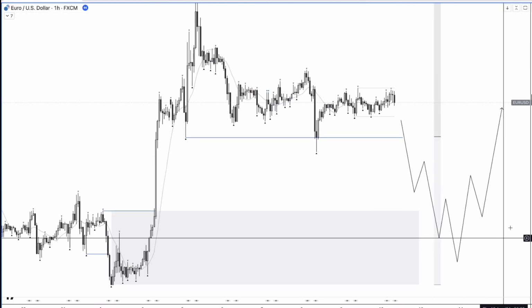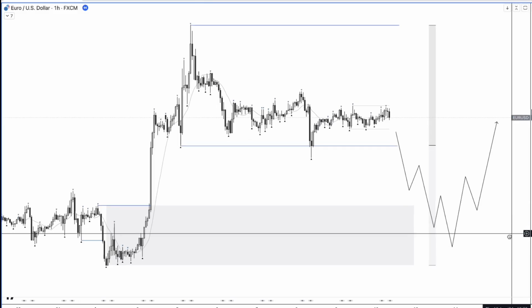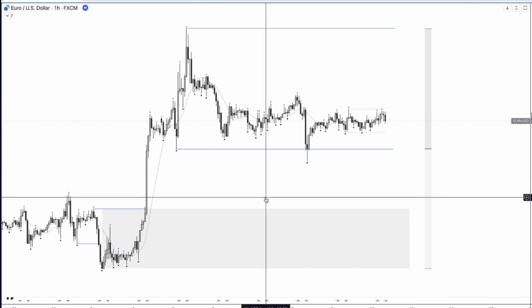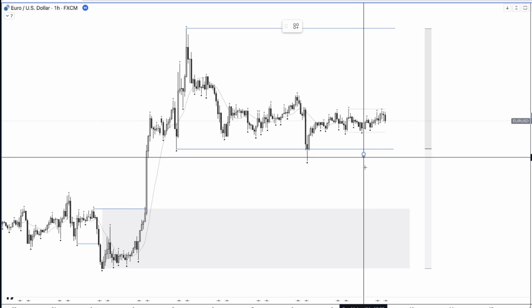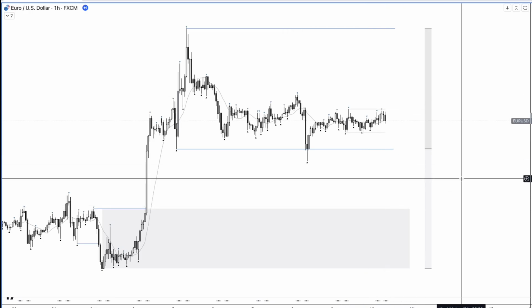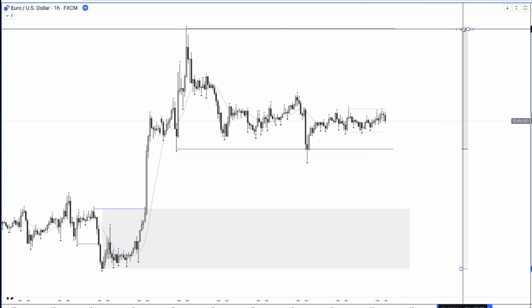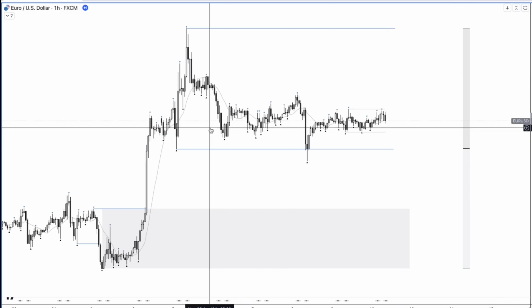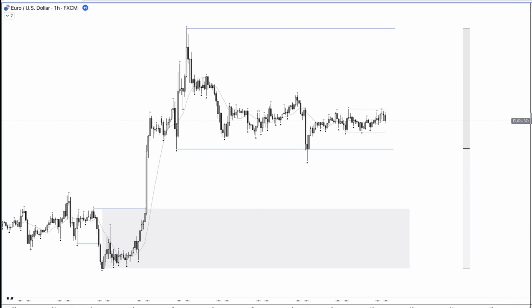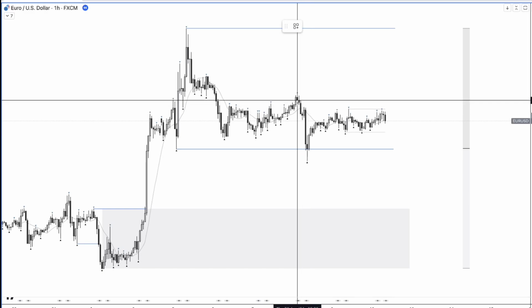However, price doesn't have to come this deep to then continue higher. If you look at the first tap, you can see how we get a really, really strong reaction out of here.